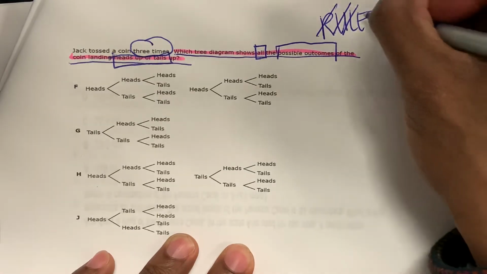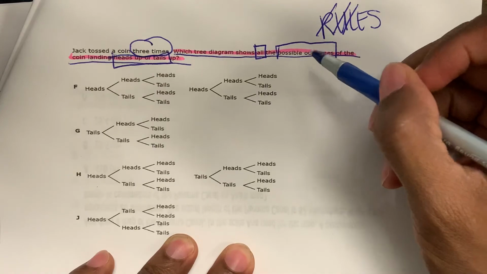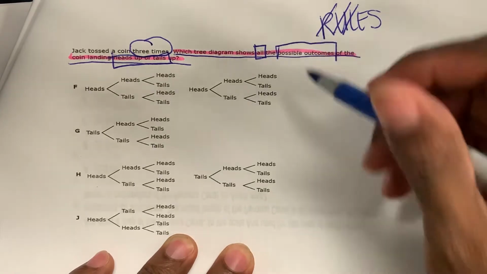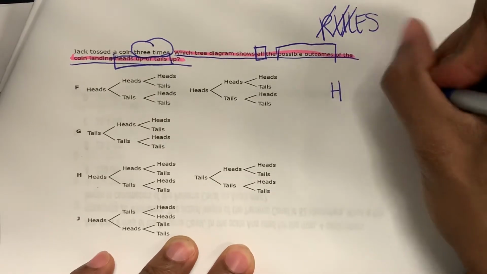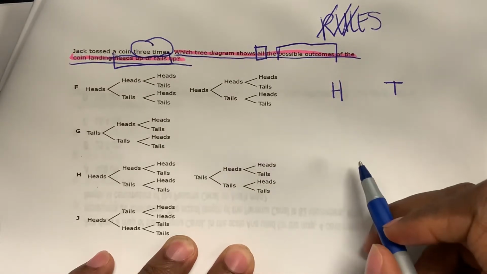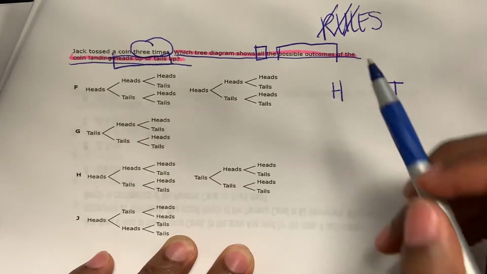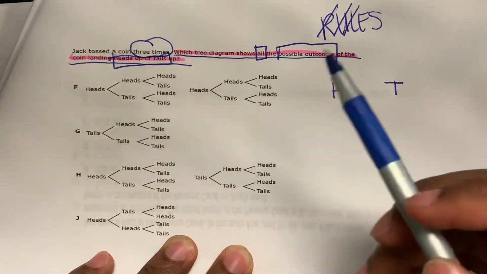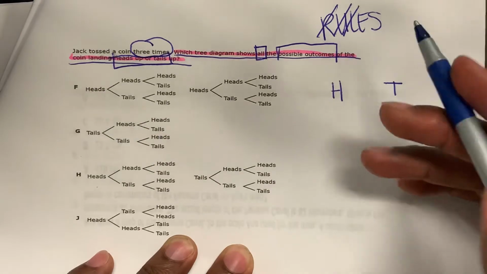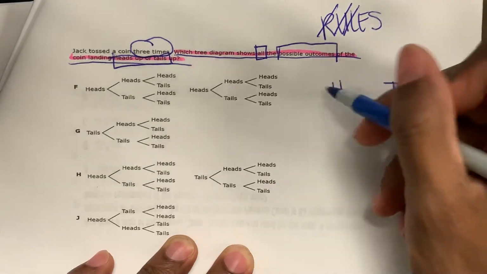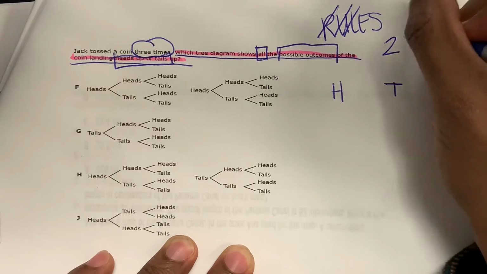So, let's evaluate. Now, it says that a coin is being tossed 3 times. So, we know that a coin has 2 possible outcomes. It could be either heads or it could be tails. Now, if you flip a coin 3 times, that means that we have 2 possible outcomes, and the 2 possible outcomes are going to have a chance of occurring 3 times. So we have heads or tails. That's 2 possible outcomes when we flip the coin the first time.